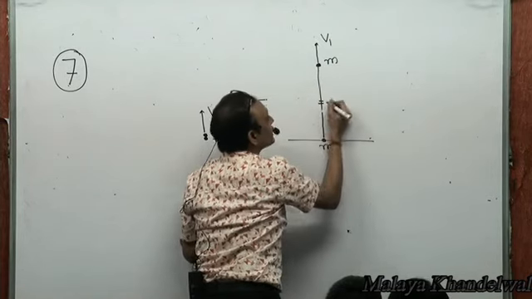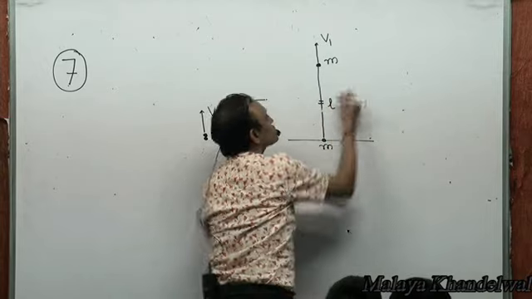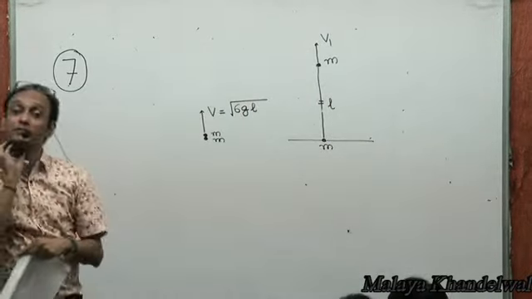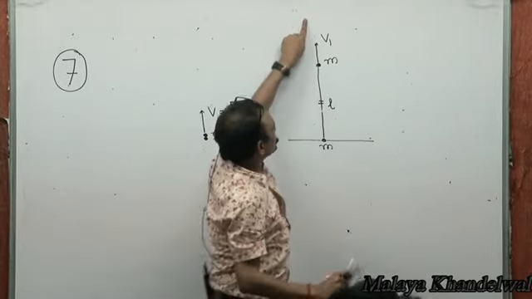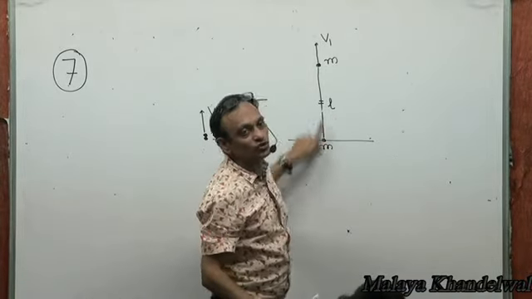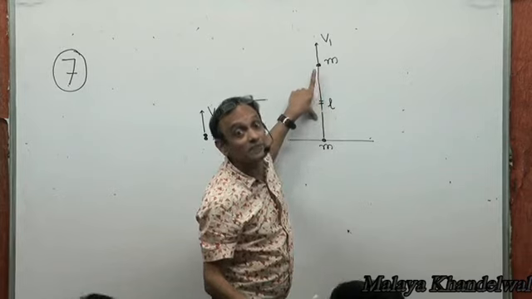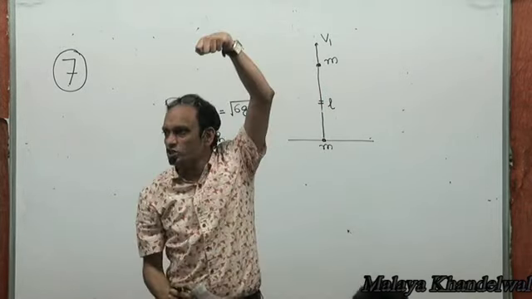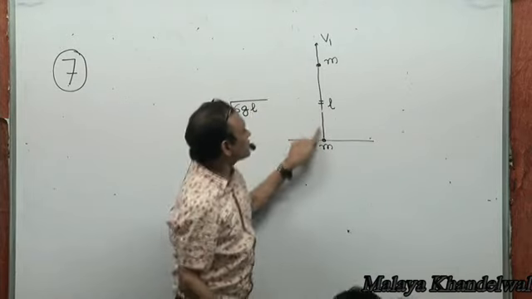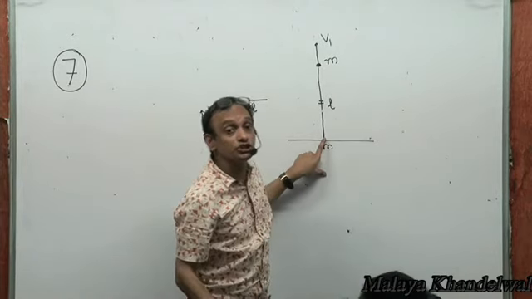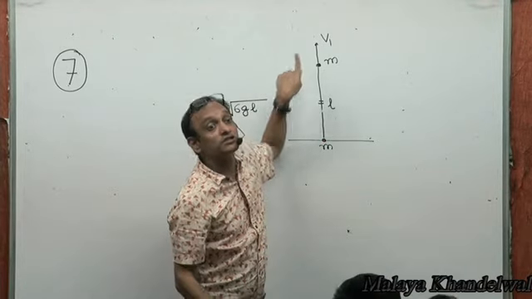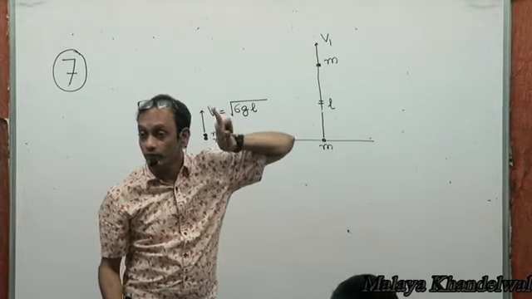And now the string becomes taut. Once it becomes taut, because of this velocity, this will start to move up, because there is impulse in the string. There is impulse because of the tension that builds up in the string, yes or no? That impulse of the tension will build velocity in this mass, and this will move up. The center of mass of the system moves up now, right?